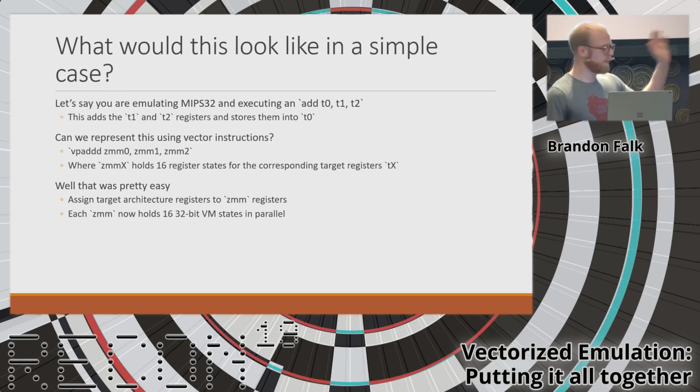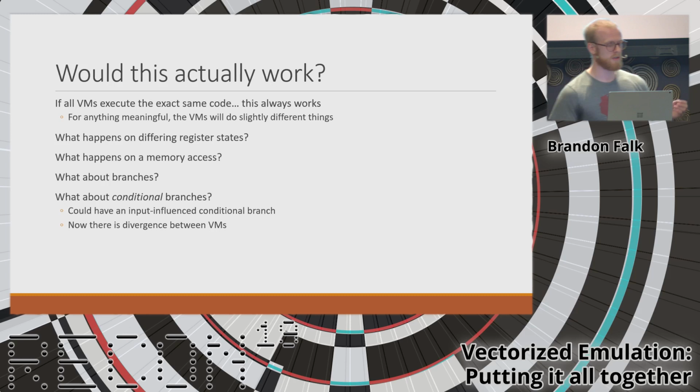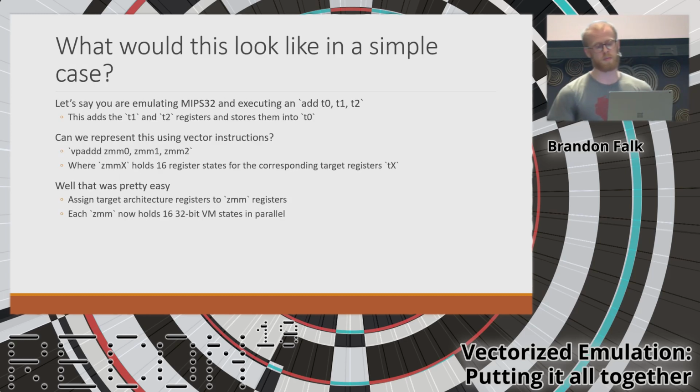So for example, if we wanted to perform a MIPS32 add instruction, where we're just adding two registers together and storing the result, in this case an add T0, T1, T2, which will add T1 and T2 and store the result into T0, the first thing I need to think about is, can I represent this instruction using a vector register?